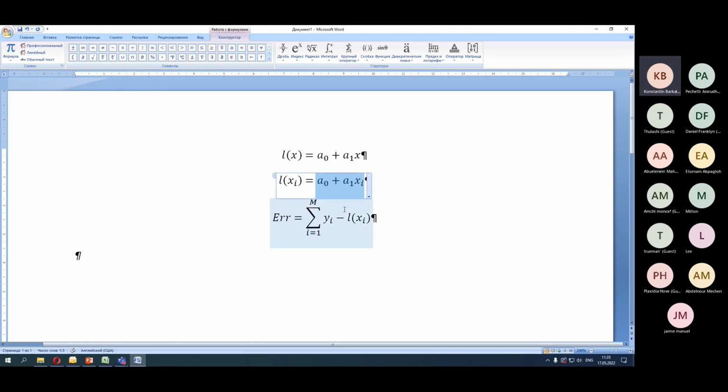But L of xi equals a0 plus a1 xi. This difference may be negative, may be positive. And to compute the error, it's better to consider not just the difference, but the absolute value of this difference.